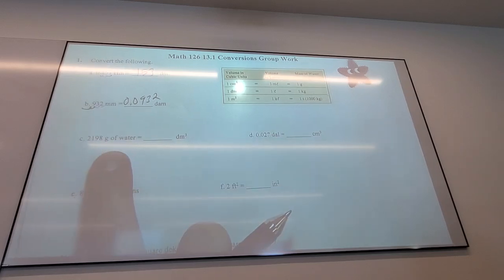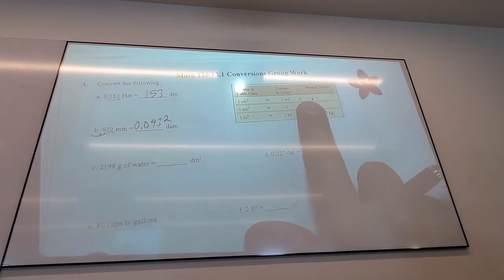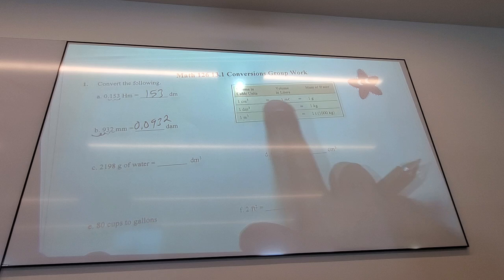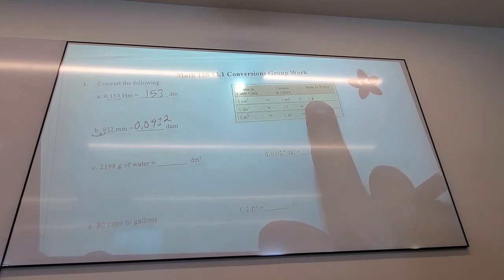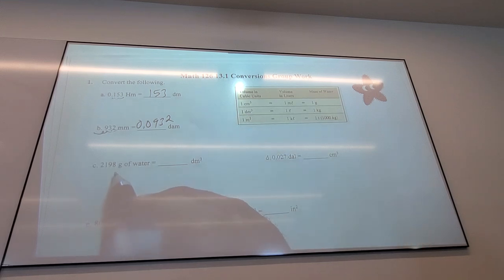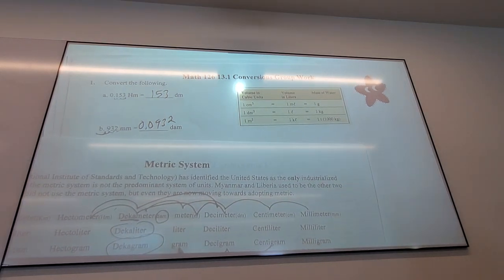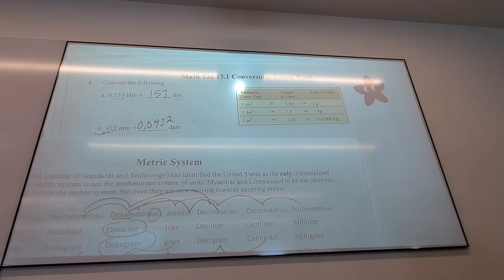Okay. And then this guy relates to this guy. So grams would take me to cubic centimeters. So if I first make it kilograms, then that would be exactly the same thing as a cubic decimeter. So how do I convert this to kilograms? I go grams to kilograms. 1, 2, 3 back.